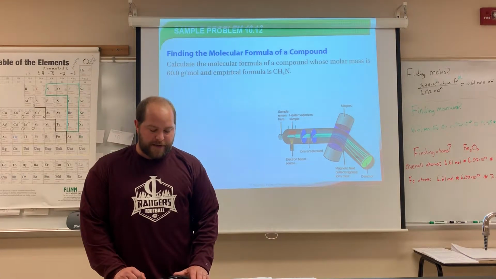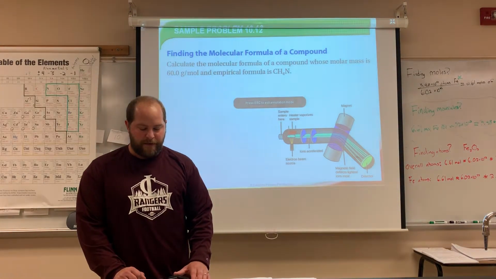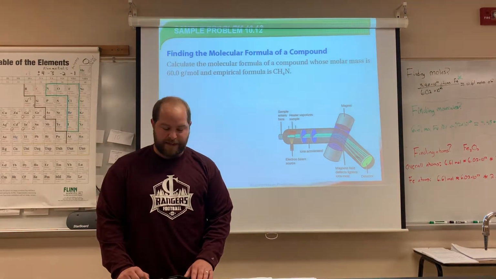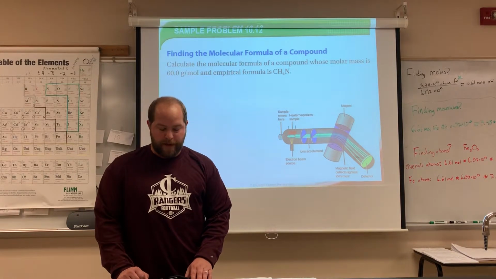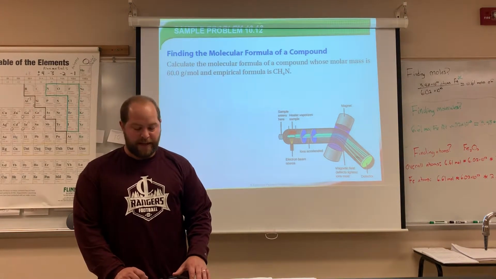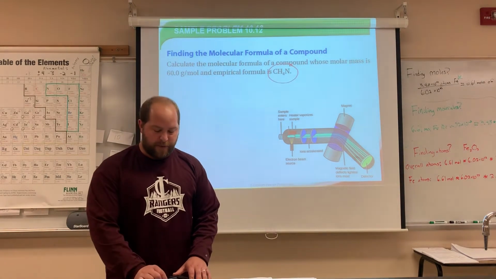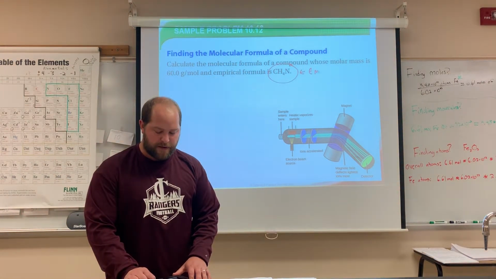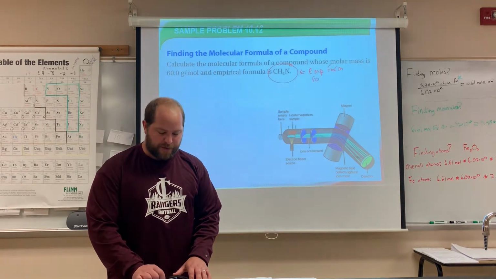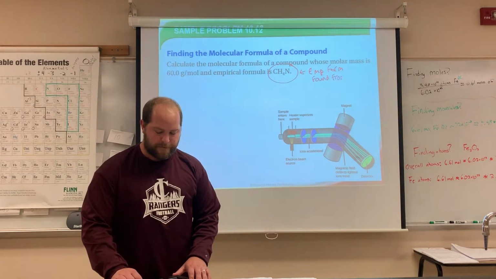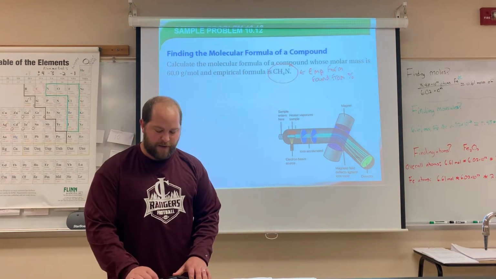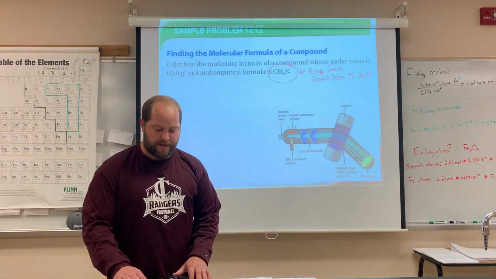All right, it says calculate the molecular formula of a compound whose molar mass is 60 grams per mole, and the empirical formula is CH4N. So this is the empirical formula. This was found from percent data, right? This is what we just did.